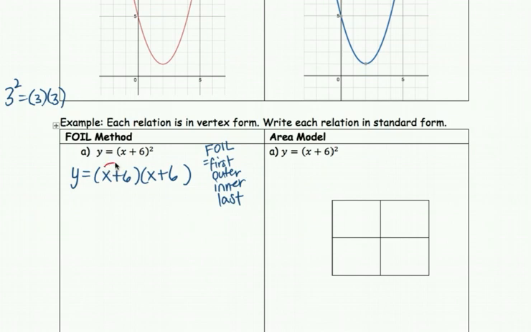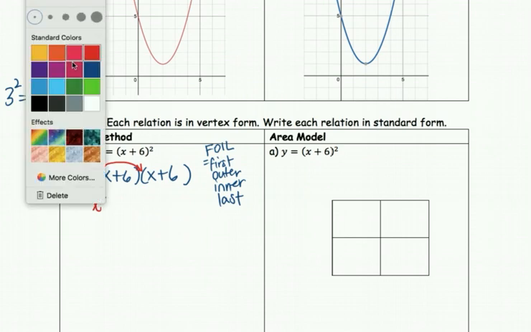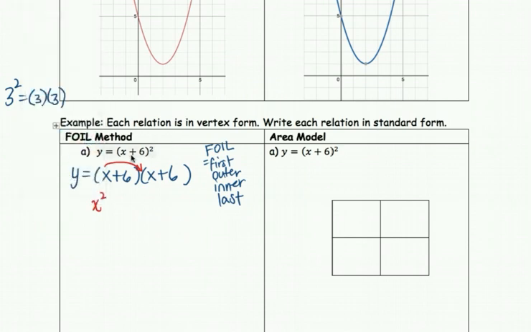So the first one you're going to do is the first. You're going to multiply the first terms together, okay? So that's x times x makes x squared, right? And then the next one that you'll do is the outer, so the outer ones. So the x and the 6 are the outer terms here. So x times 6 becomes 6x, okay?